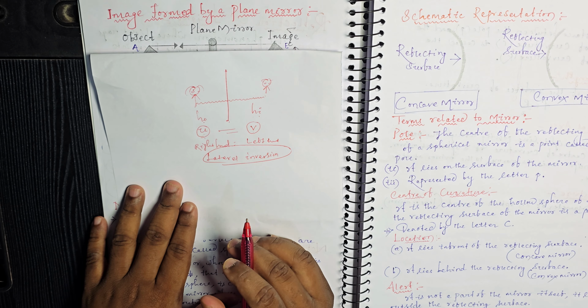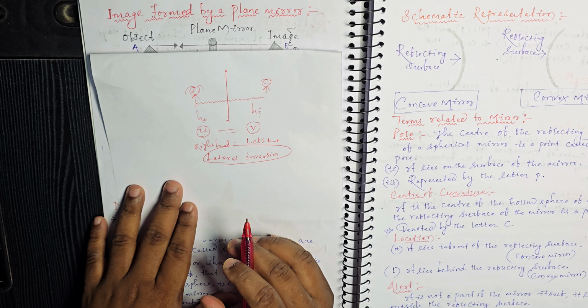If you don't know, I will give you some questions on that basis and you will easily understand. So three properties we have discussed. Height of object is equal to height of image, object distance is equal to image distance, and the third one is lateral inversion. And most importantly, if you are standing like this, the image is also standing like this. That means it is virtual and erect.